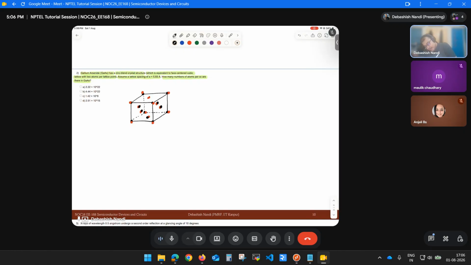So what are these two atoms? One is your gallium, another one is your arsenic. These two together are called the basis. So in our case, basis is equal to 2, and it is mentioned that it is face centered cubic, right?